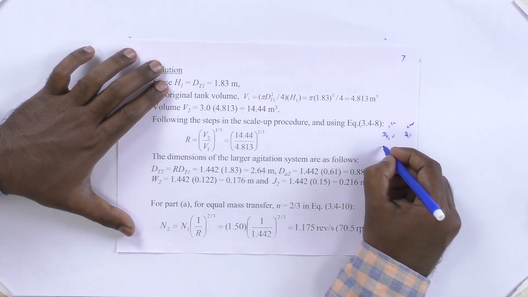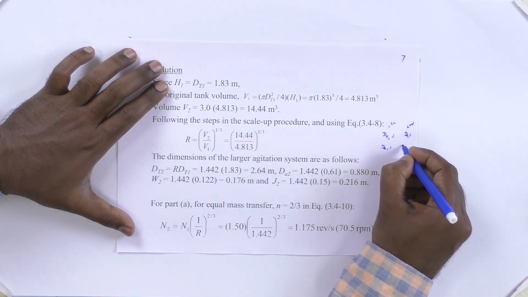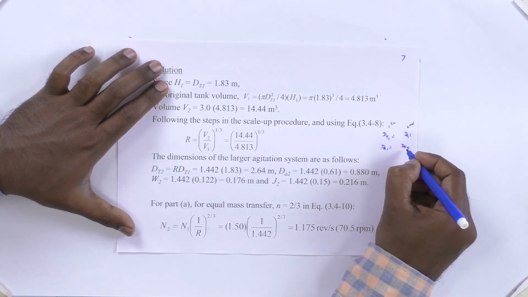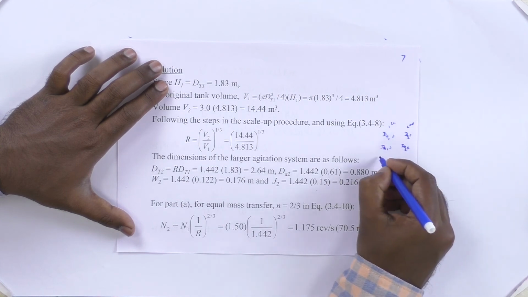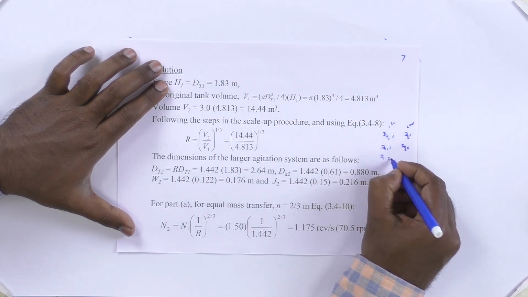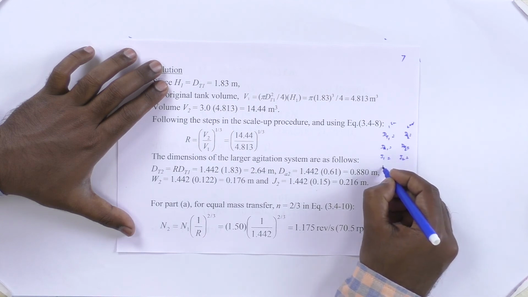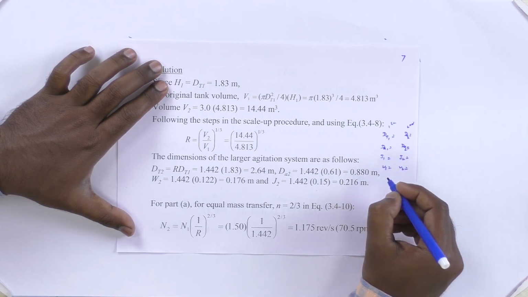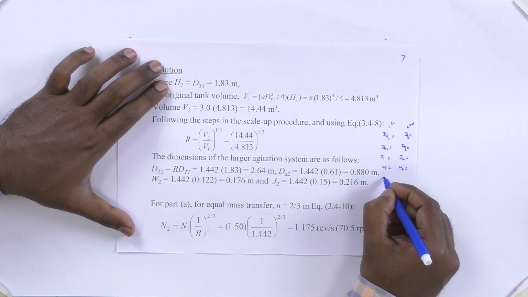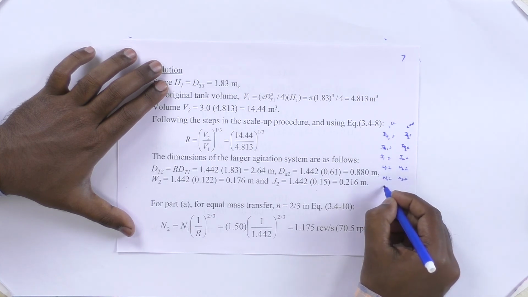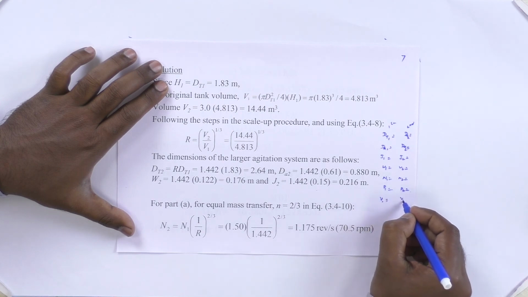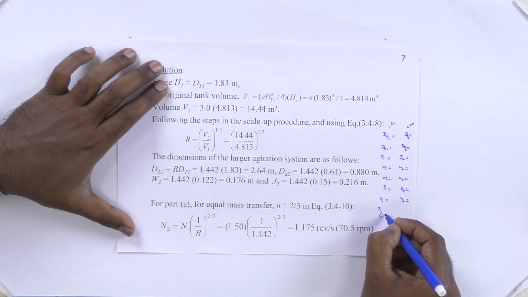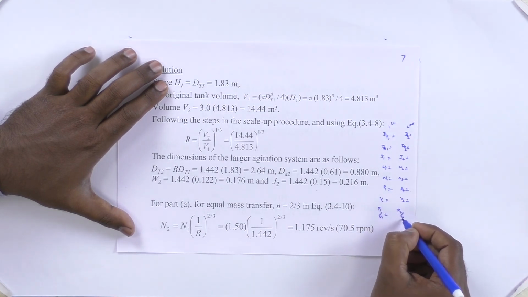da1 is equal to, or we can call this da2. Then we have j1, j2, w1, w2. Similarly n1, n2, p1, P2, V1, V2, P1 by V1, P2 by V2.